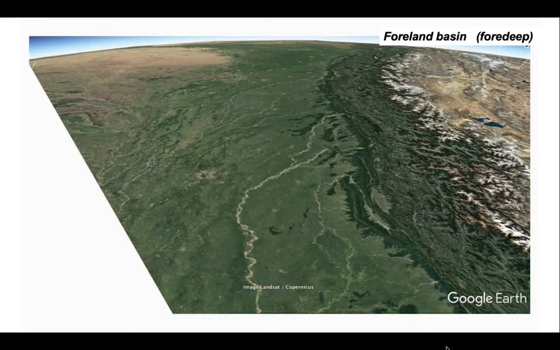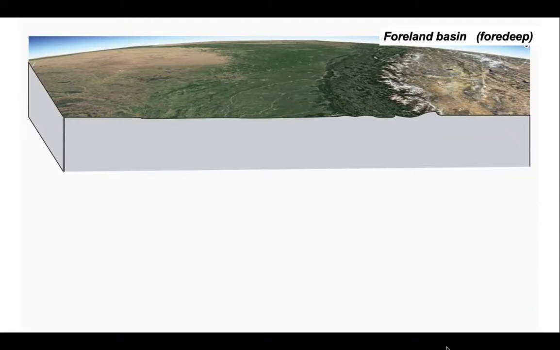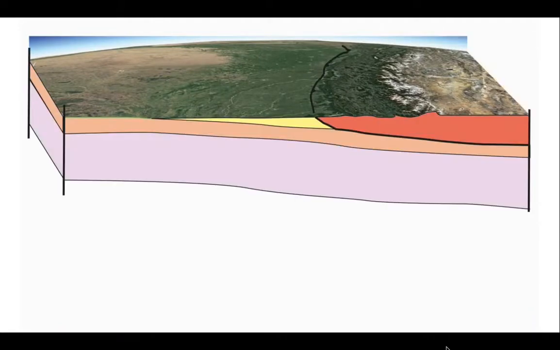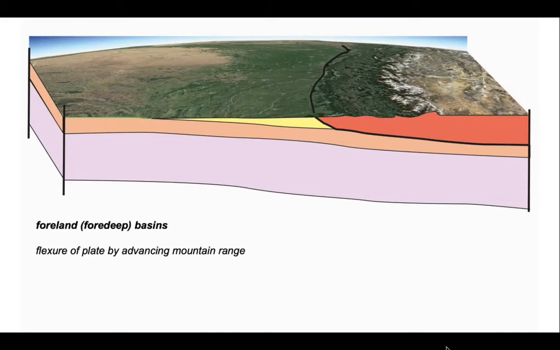And you can see the Ganges and associated river systems flowing towards us across the image. So let's think about this in cross-section. And what's happening here is the lithosphere of the Indian continent is going down under the Himalayas, and as it approaches the Himalayas, is flexing downwards, rather like a springboard. So this is a foreland basin.